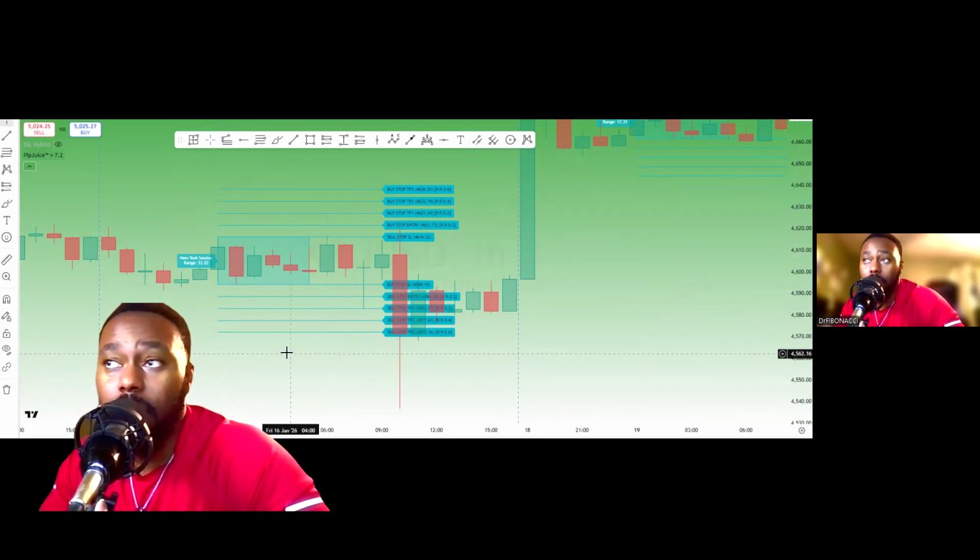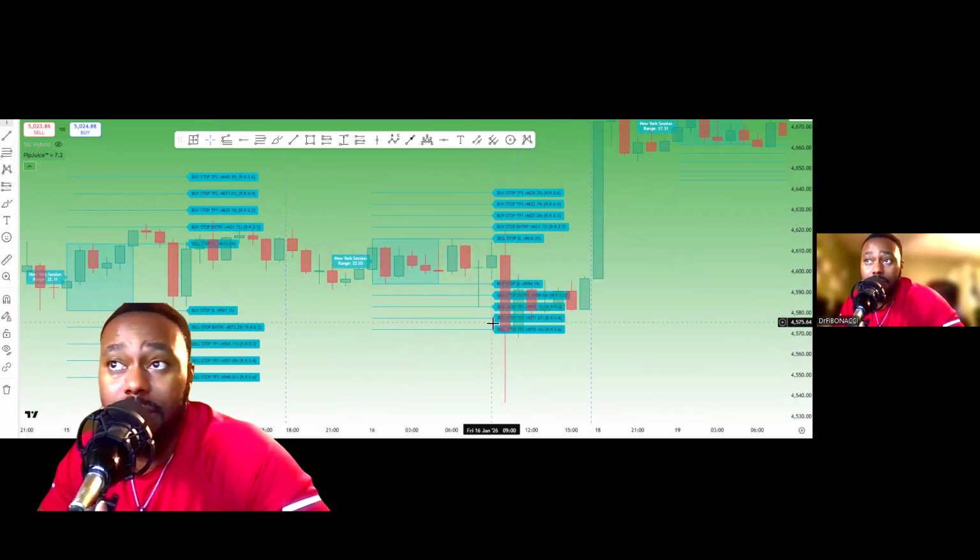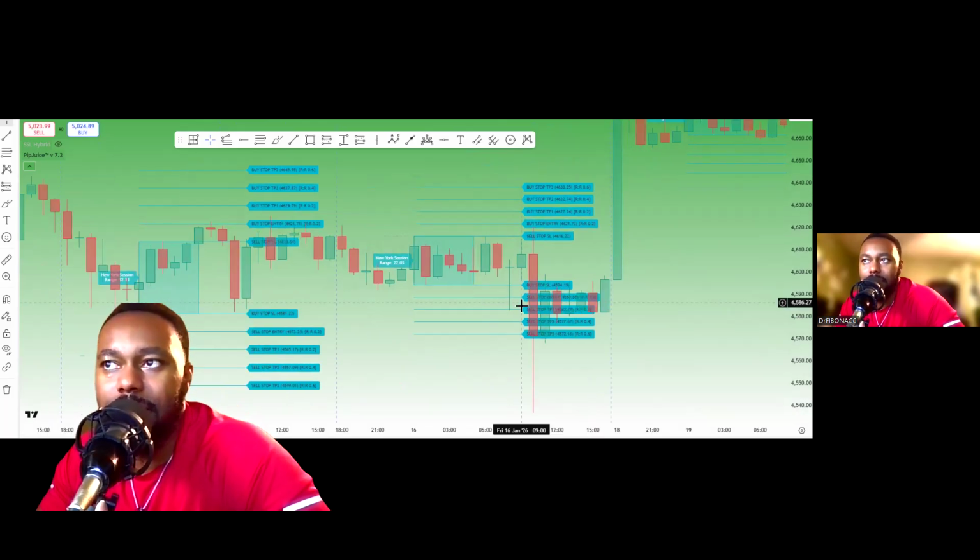That way, if the market goes against you, all of your positions hit take profit 1, and if it pulls back, it just takes you out, maybe a little less than TP1.